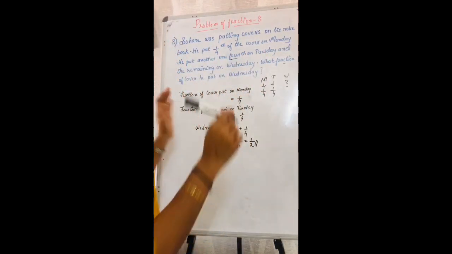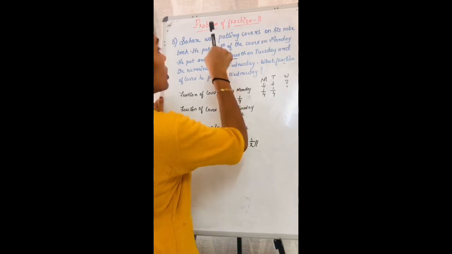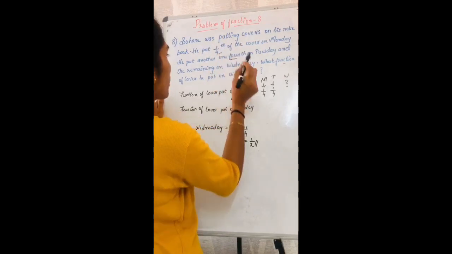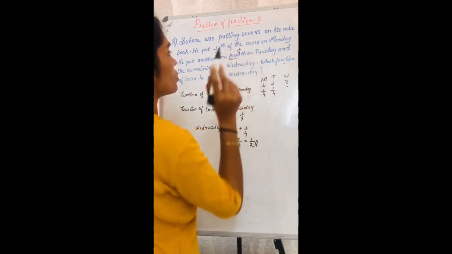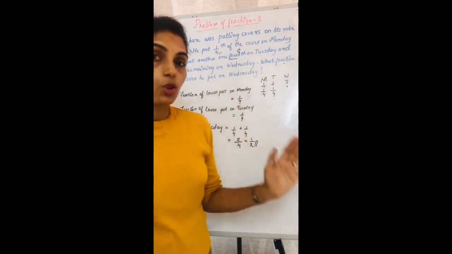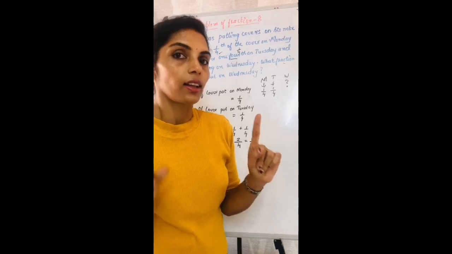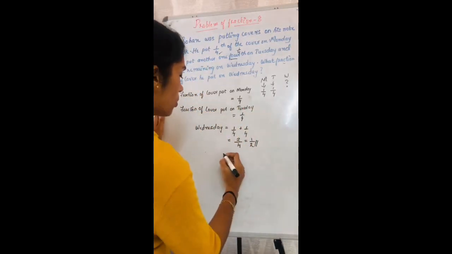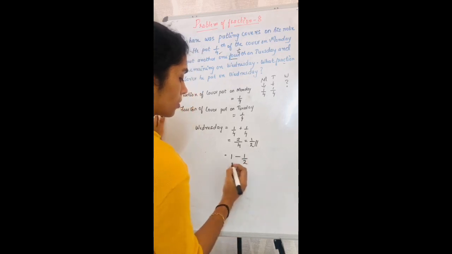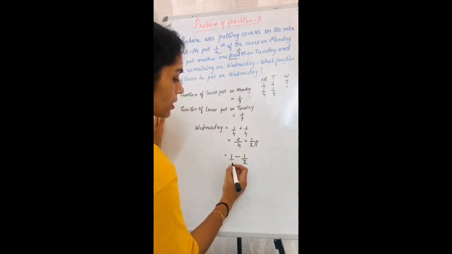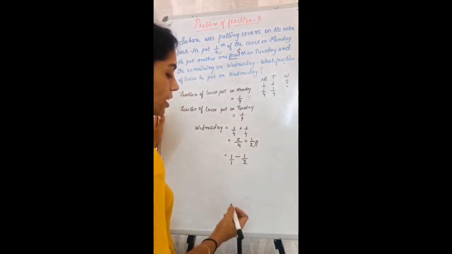No. Just what we can understand from the clues given here, that here 1 by 4 and the next one here also 1 by 4. So definitely it is assumed as 1 as the total number, right? So 1 minus 1 by 2. When you get a whole number like this, what do you have to do? Assume 1 here.